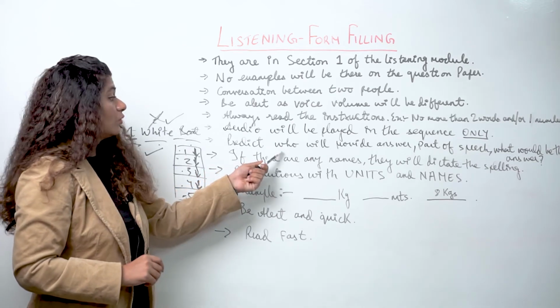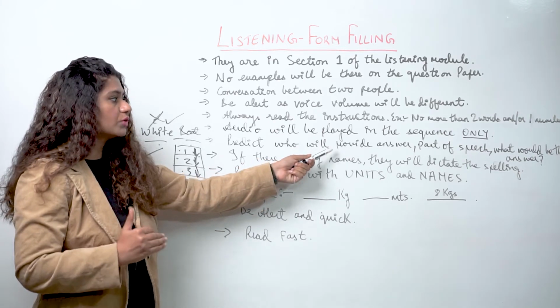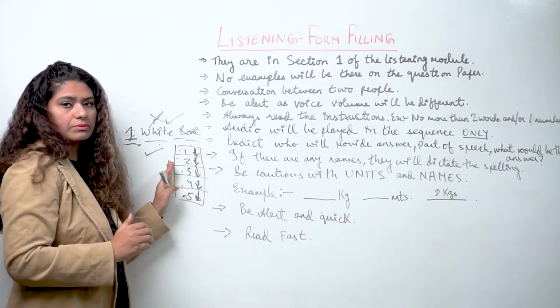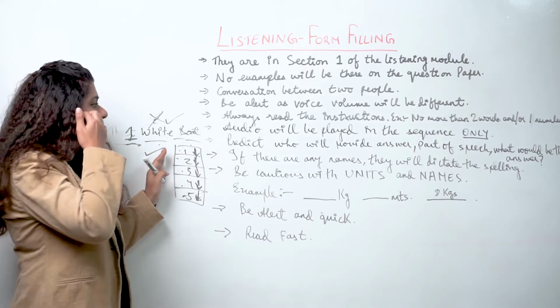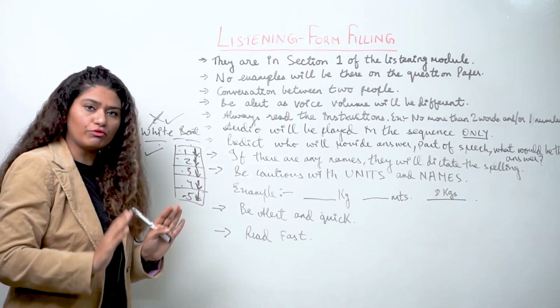Predict. Who will provide the answer? What would be the part of speech and what would be the answer? By the time your audio clip starts, I'm sure you must have already gone through the set of questions in the form.